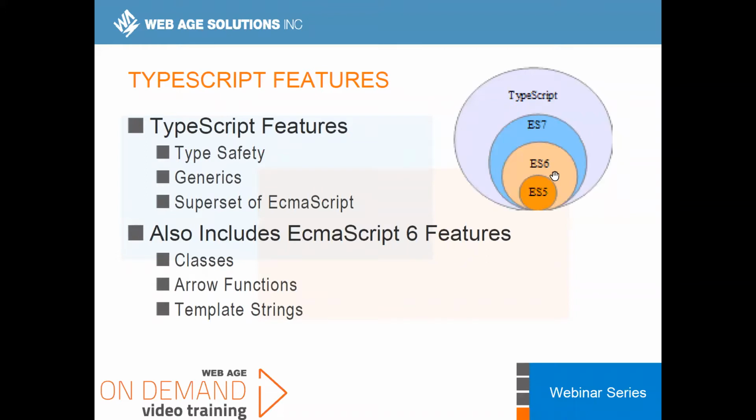Another feature that we'll talk about when we see some examples of code is generics. If you have a type for something, you may want to create a method or a class that does some kind of work, and you don't want to be very specific about the type. So say you have a method called make array, and you want this to be like a factory for creating arrays. You could create different kinds of arrays: string arrays, number arrays, or Boolean arrays.